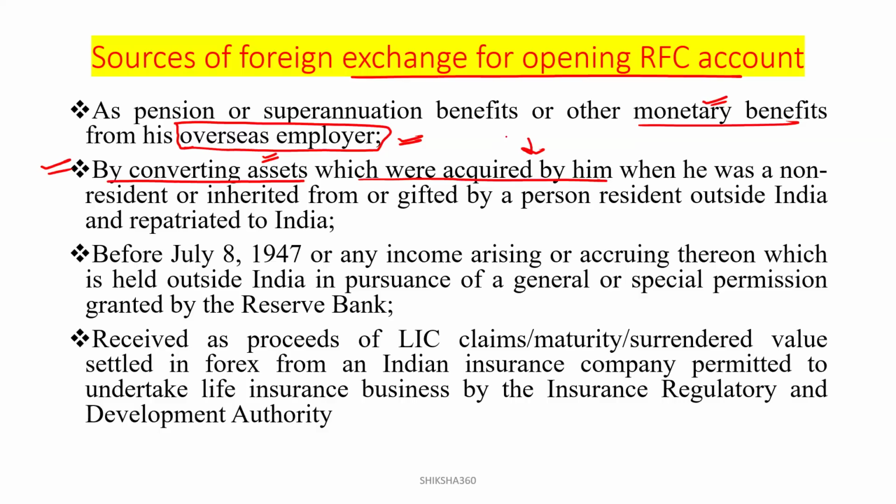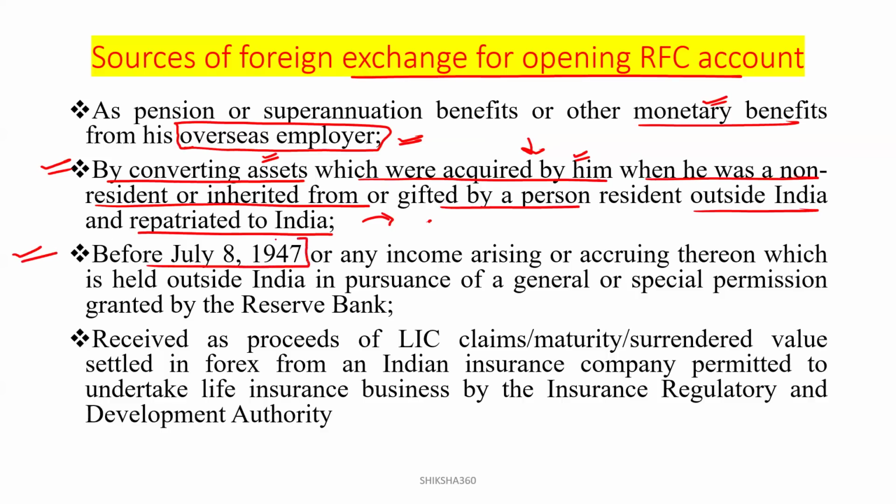Now when they are coming back to India, they want to sell all these things. Repatriated to India, that is returned to India before 8th of July. Very important from the examination point of view.